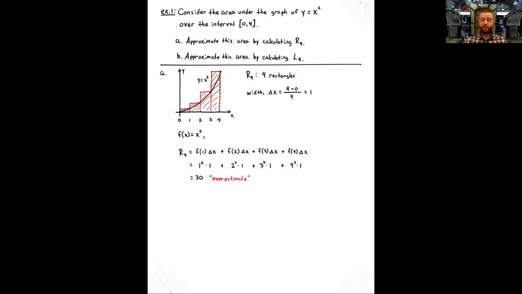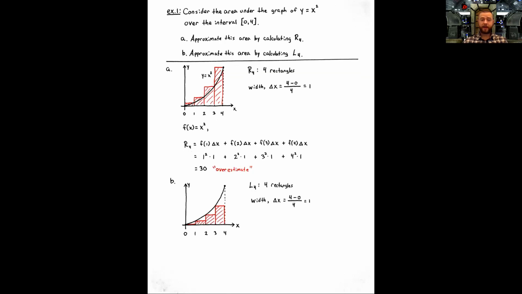Let's take a look at part B to see what we get. Now we're still using 4 rectangles, but instead of determining the heights of the rectangles at each right endpoint of the subintervals, we're going to determine the heights at the left endpoints of each subinterval.